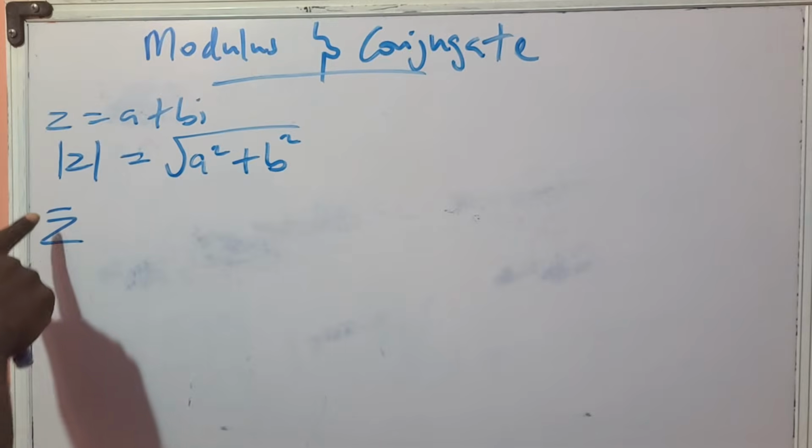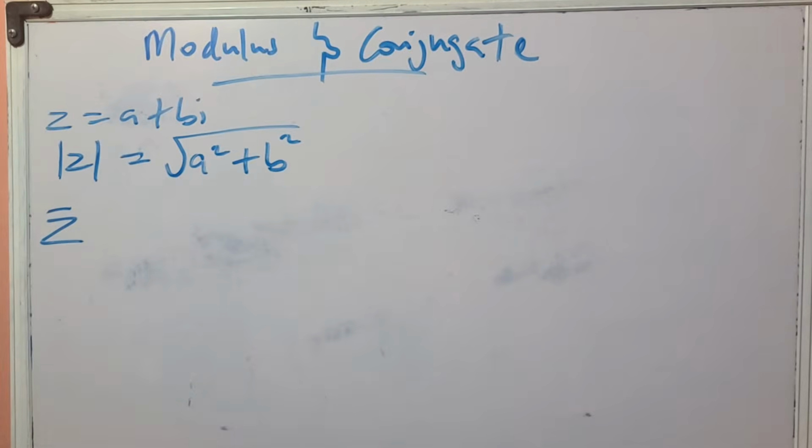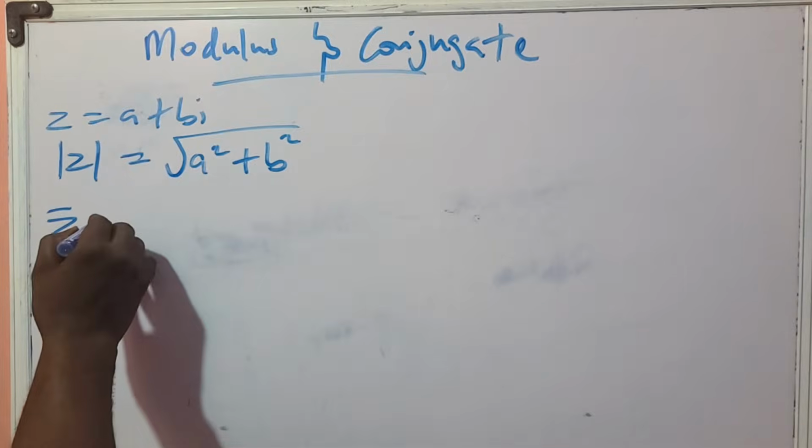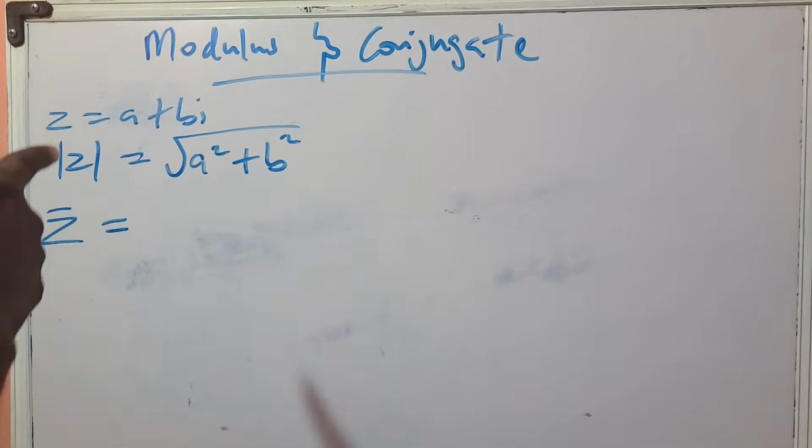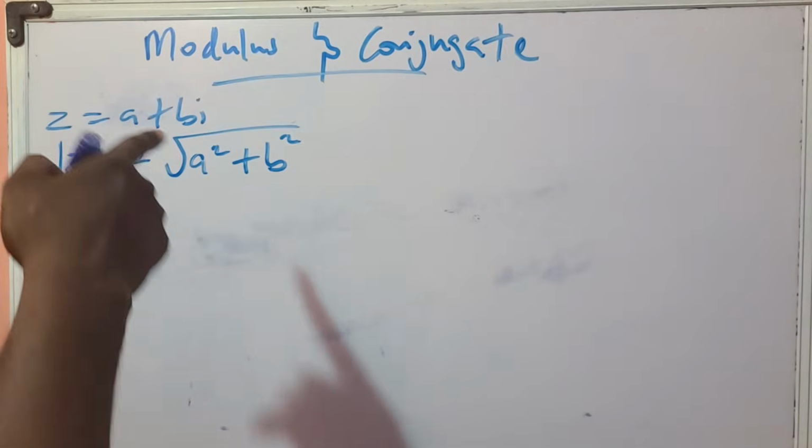So if you see a complex number with a line on top, what they're asking you to find in that case is the conjugate. Now, how do you find a conjugate? If you remember, while dealing with surds, we always find a conjugate by taking the negative part of the other side.